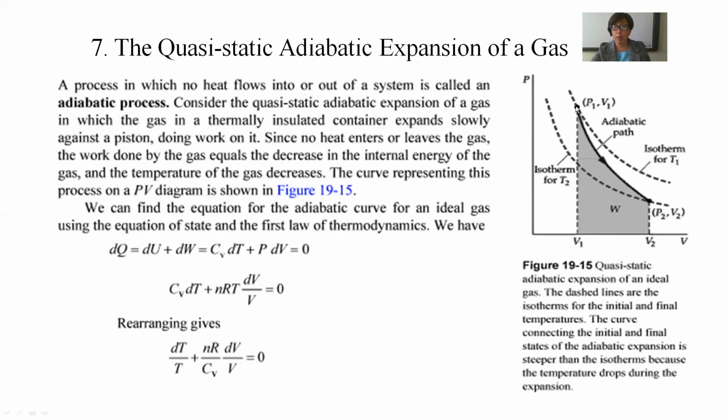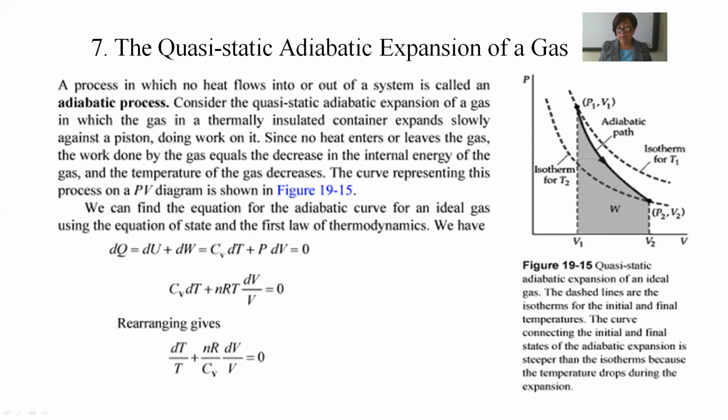At one point, P1, V1, following the adiabatic path to the second point on isotherm number 2, P2 and V2. This curve is the adiabatic path.